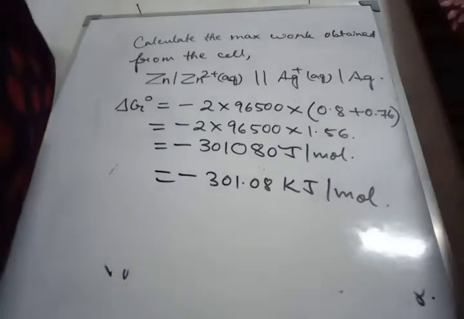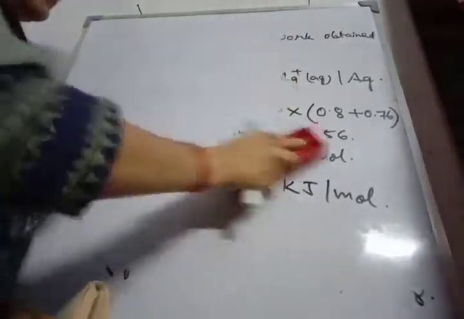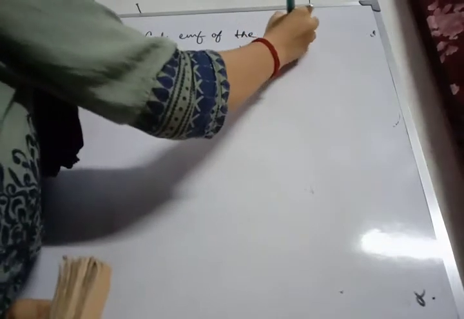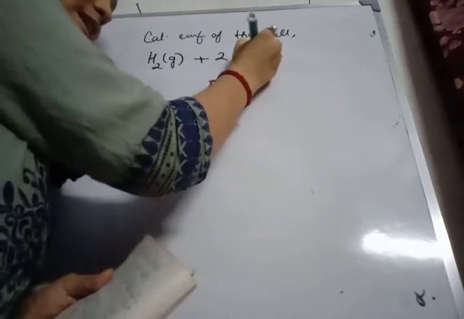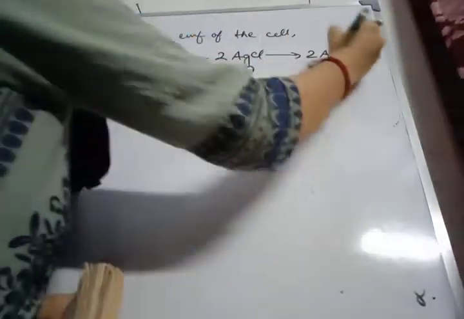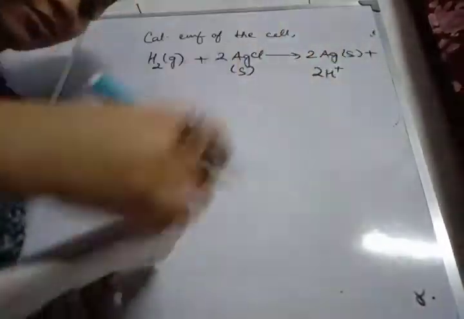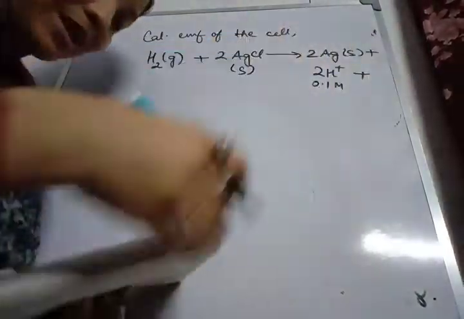Okay, so that's all for this. Next sum. Calculate the EMF of the cell for the reaction H2 gas plus 2 AgCl solid gives 2 Ag solid plus 2 H+ plus 2 Cl-.